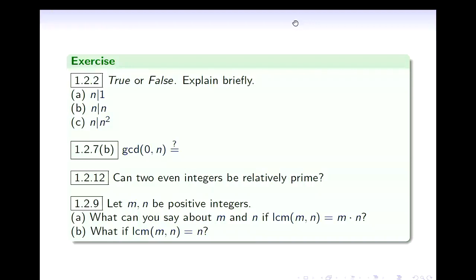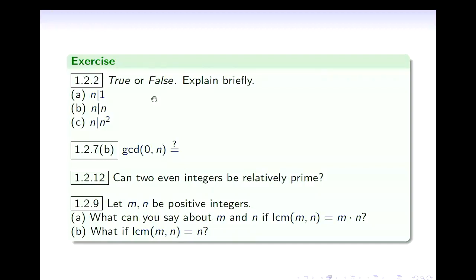Let's have a look if we all are on the same page with regard to these concepts of divisors. True or false, and again these exercises are taken from the book. True or false, is n a divisor of 1 for an arbitrary number n? Is that true or false?